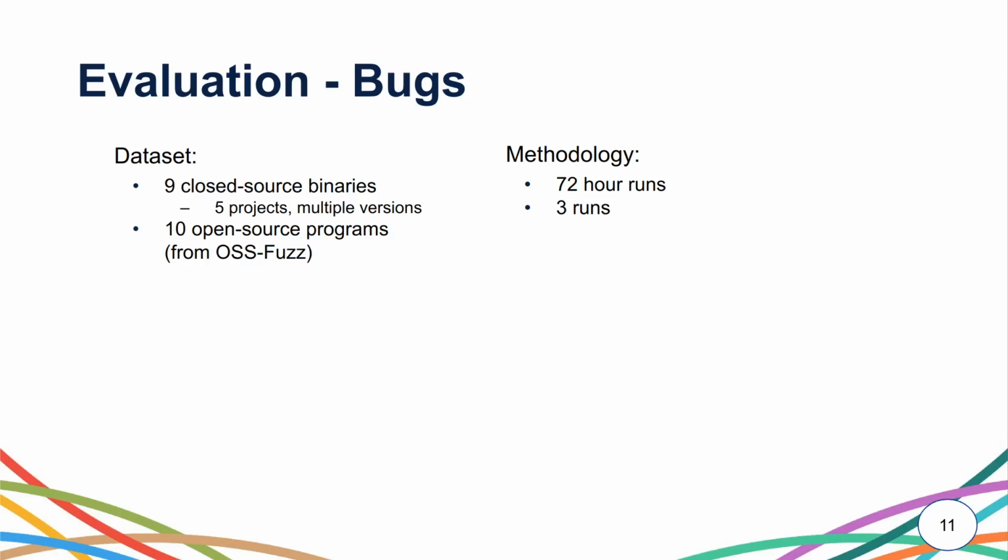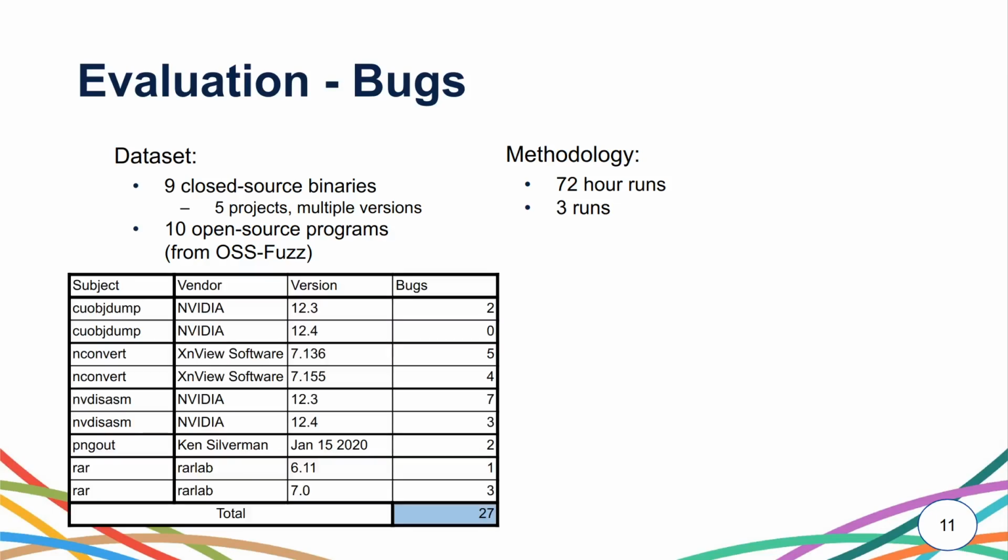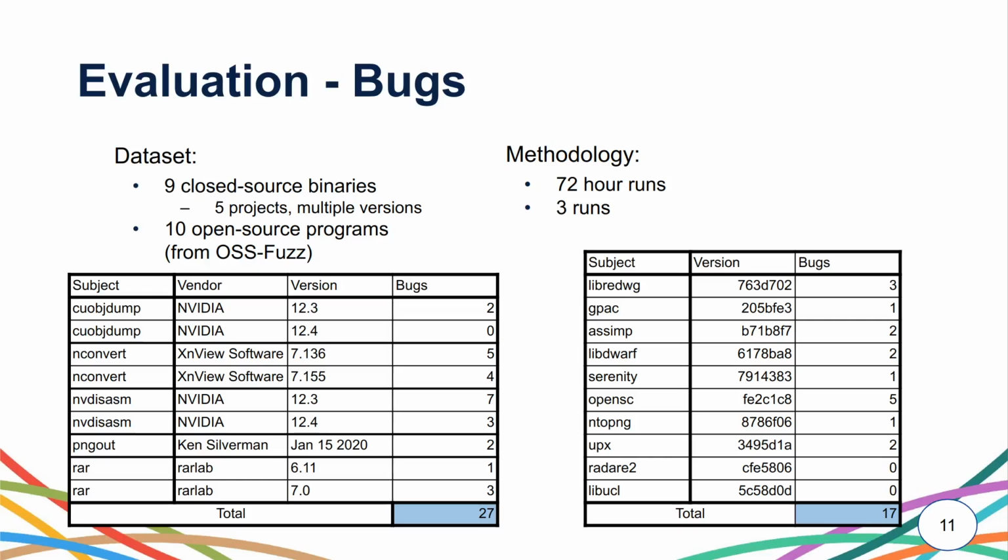We made 3 runs of 72 hours, and we ended up detecting 27 bugs in the latest versions of the closed source software and 17 bugs in the latest versions of the OSS-Fuzz projects.